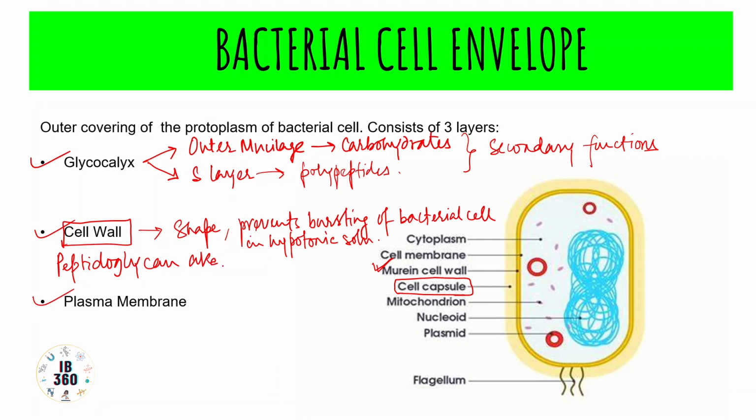And in gram-positive bacteria, the cell wall is 20 to 80 nanometer thick, while in gram-negative bacteria, it is 8 to 12 nanometer thick. We will discuss these in detail later on.